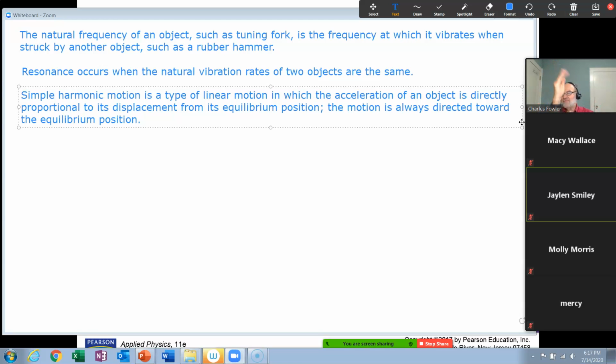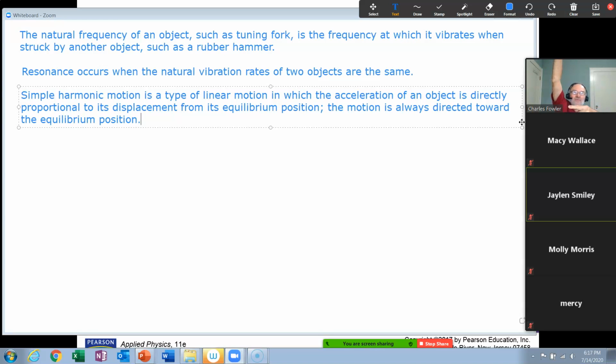Let's say you have a pendulum, a mass hanging by a string, and you lift it up over here and then release it. It's going to go toward the equilibrium position, which is directly under here, but see, it's picking up speed as it goes. It's accelerating toward the equilibrium position.